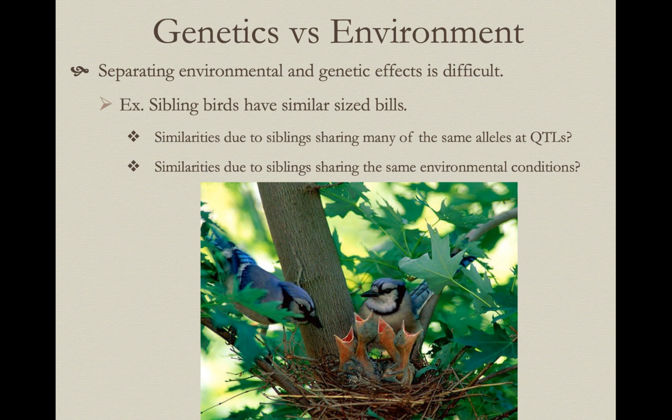And because they got the same food and the same parents, they're very similar. So the challenge is, how do we separate the genetic aspect of determining what your bill size is versus the environmental effect? And in this case, it's really difficult to do. I'm going to give you an example in a bit of how studying birds you could test this.